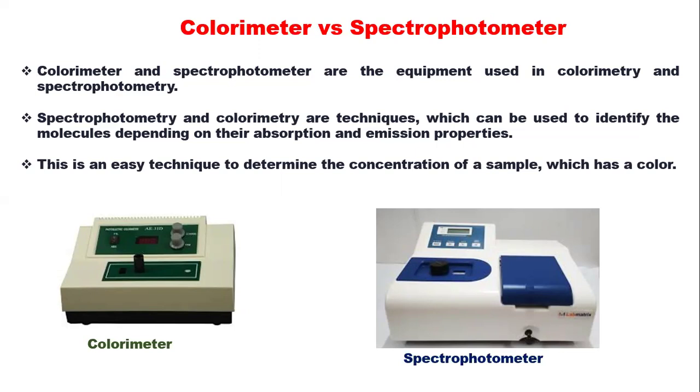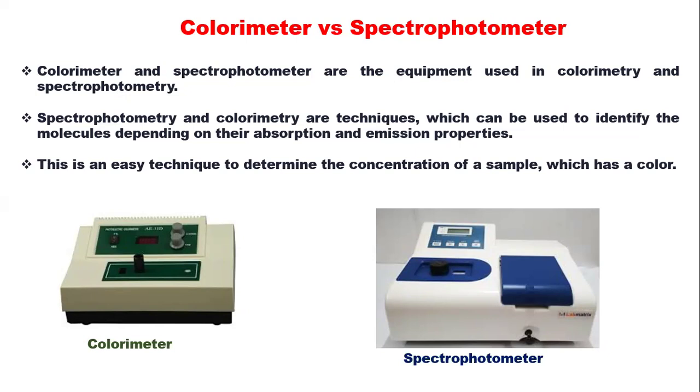Calorimetry is the measurement of heat, while colorimetry is the measurement of the color of a solution. So you should not mix up the two while writing. If you write CA, it is calorimetry or calorimeter, okay? So it is now CO, colorimetry.